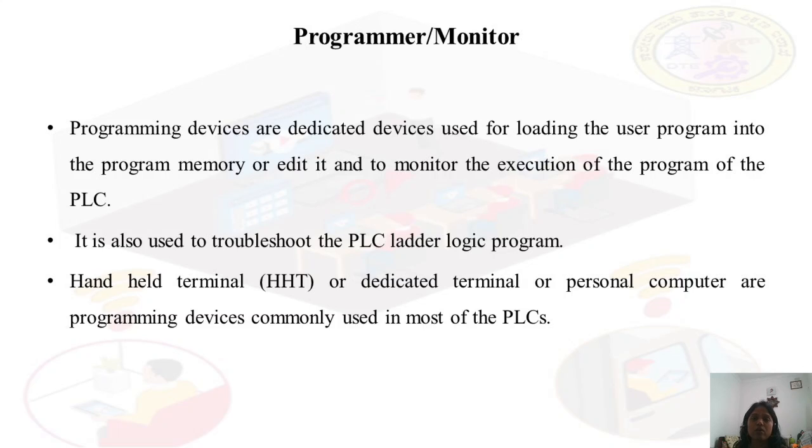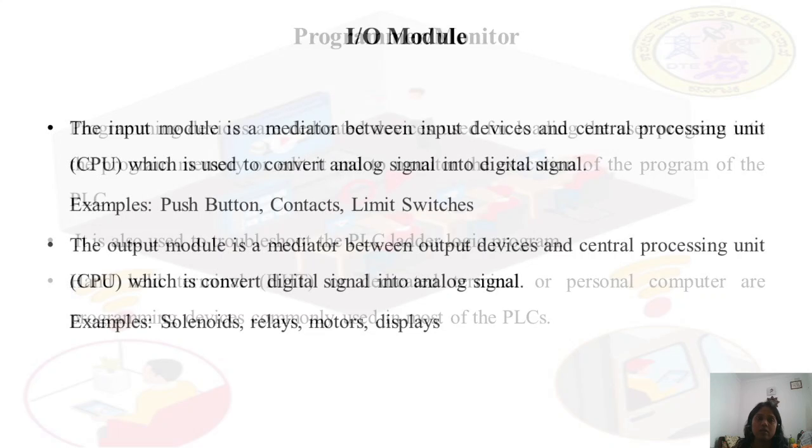They are used for loading the user program into the program memory, and the user can edit and monitor the execution of the program of the PLC. And also it is used to troubleshoot the PLC ladder logic program. Some examples of the programming devices are handheld terminal, dedicated terminal, or your personal computers. These are the most commonly used programming devices for PLCs.